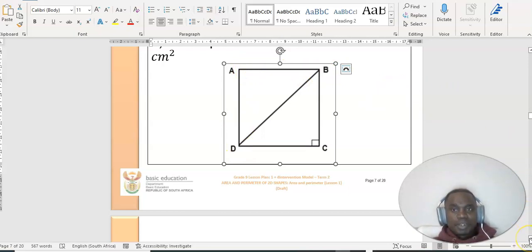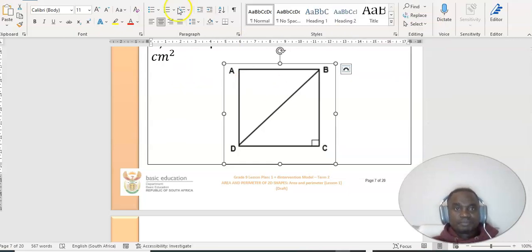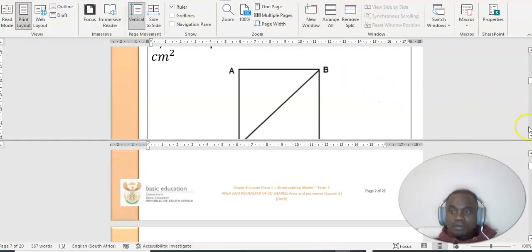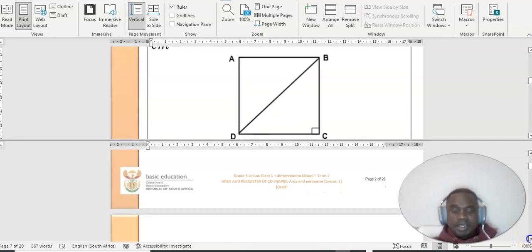So let's see how we can do that. From here, I want to split this. Okay, now I've split this so that I can see the square.